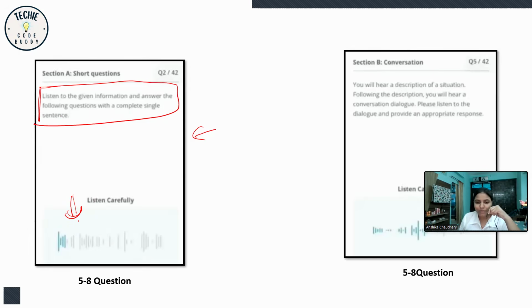Once you have listened, there will be some sentences, 2 or 3, or maybe 4 or 5 small sentences in a merged manner, or I would say a very short paragraph or passage of 1 or 2 lines. So there will be a very short story.